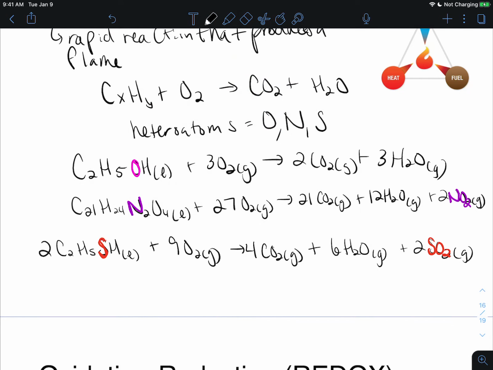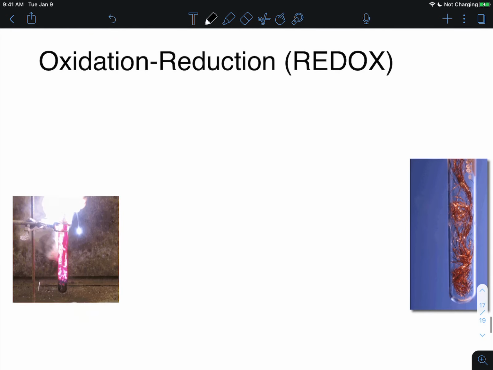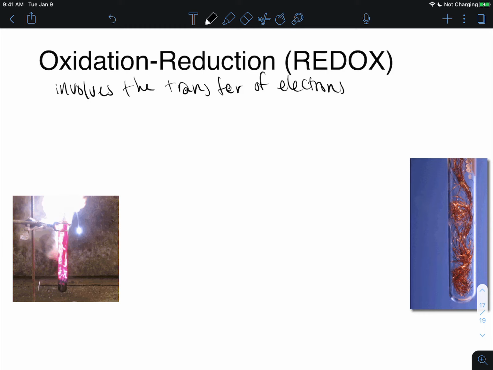Okay. Next is a redox reaction, or oxidation reduction reaction. So with this one, we have a transfer of electrons from one substance to another. So it involves the transfer of electrons. And we're going to go much more into this one. We're going to have a whole portion of a unit about redox reactions.